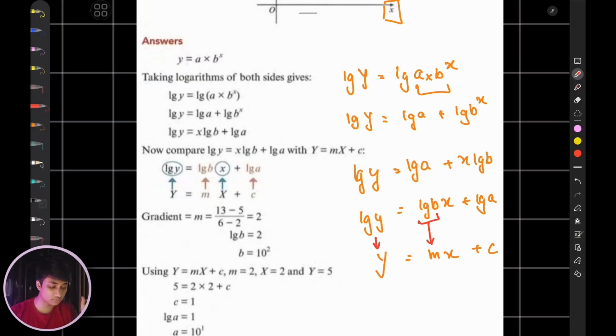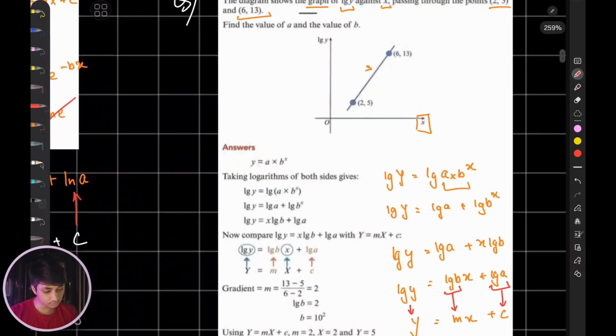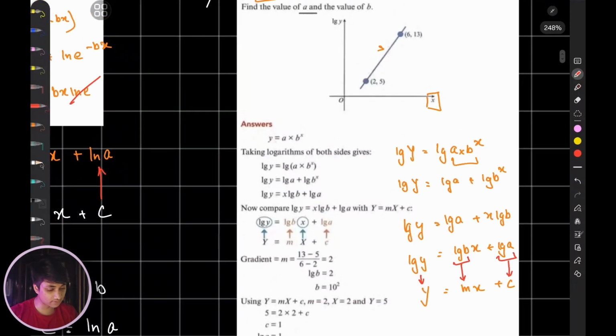Log of b is nothing but your gradient, and LGA is nothing but your y-intercept. This is what you find out. Now, in your graph that they've given you, the line that they've given you, notice LGY is plotted against what? LGY is plotted against what? X. So they have given you the line for this exact expression.